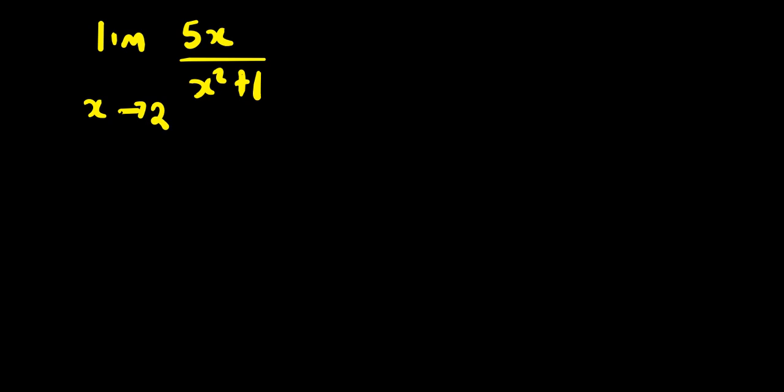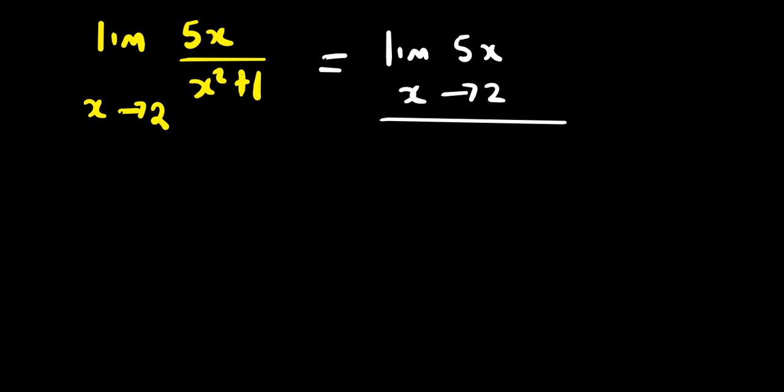So how are you going to find this? Likewise, you're going to say the limit of 5x as x is approaching 2 divided by the limit of x squared plus 1 as x is approaching 2.